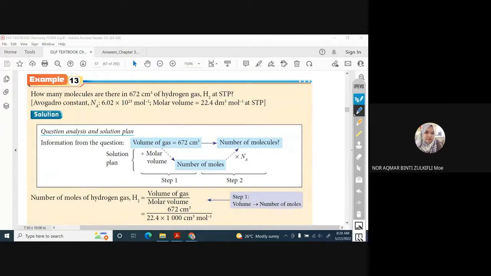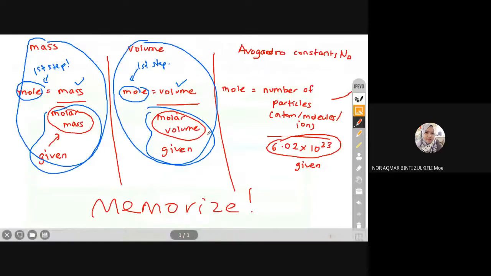Again, we highlight the information given. How many molecules are there in 672 cm cube of hydrogen at STP? So this one is a combination of, there is no mass here.